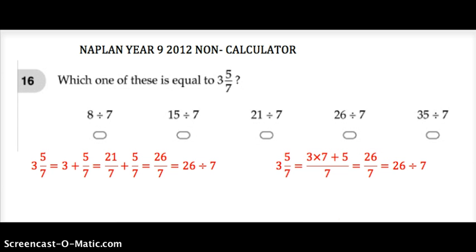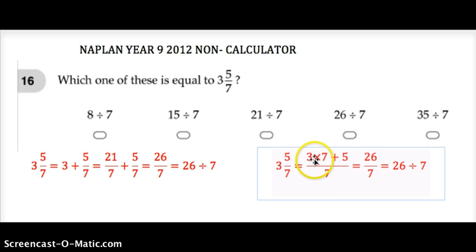Another way is just to change the mixed numeral to an improper fraction. Now 3 and 5/7, if you remember the rule, to change this to an improper fraction, you do 7 times 3, which is 21, plus 5, and we get 26, and then we put that over 7.